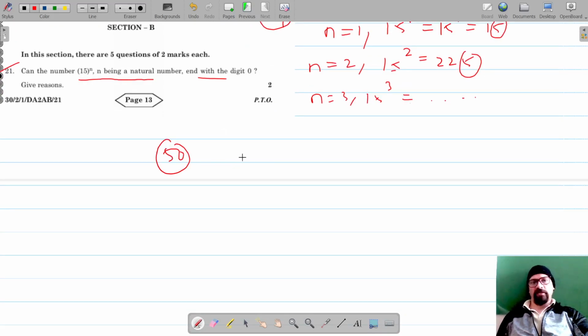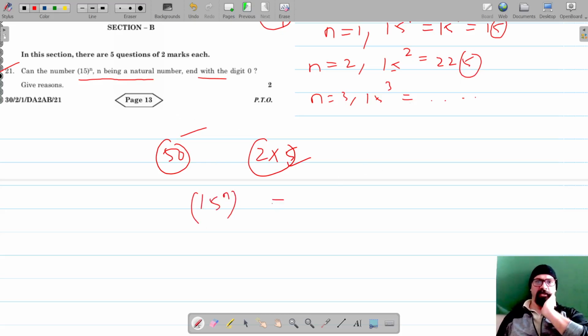Then for sure it should have prime factors 2 and 5, so it's always divisible by 5. Now the prime factorization of 15 raised power n is 3 into 5 raised power n.